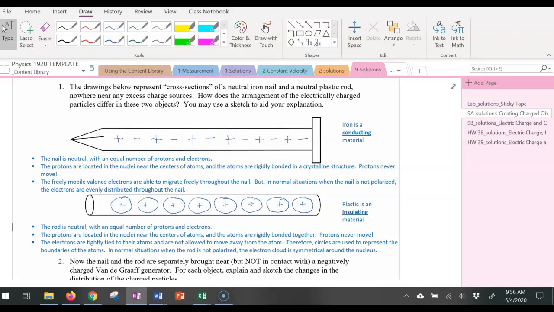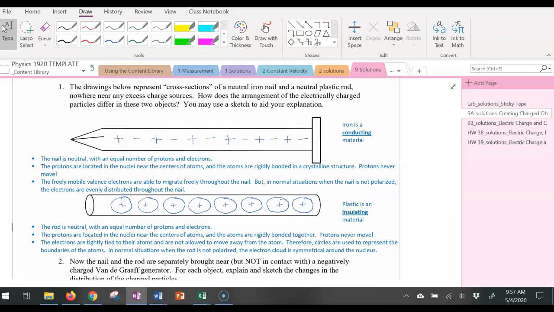When we look at the iron nail, iron is a metal and it is a conducting material. It's a conductor. Right now it is neutral and it has an equal number of protons and electrons. We're going to represent a proton with a plus sign and an electron with a negative sign.